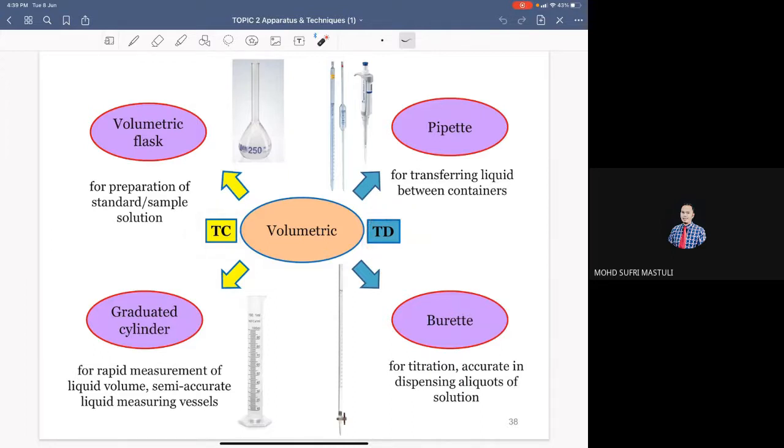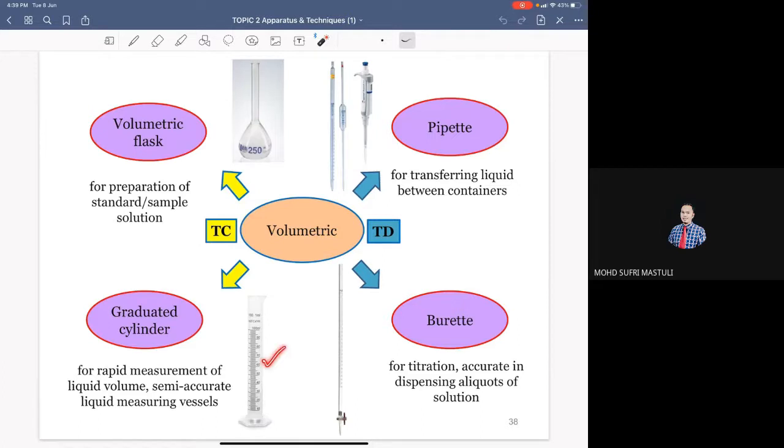To contain, normally we have the volumetric flask for preparation of standard or sample solutions, or the graduated cylinder, also to contain, to measure the volume of solution.